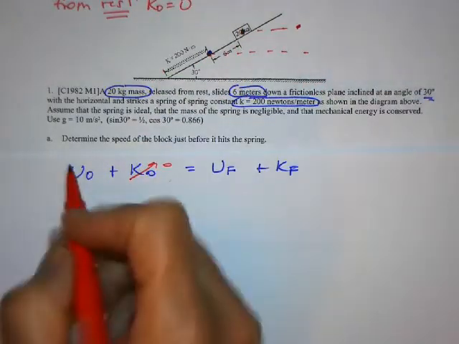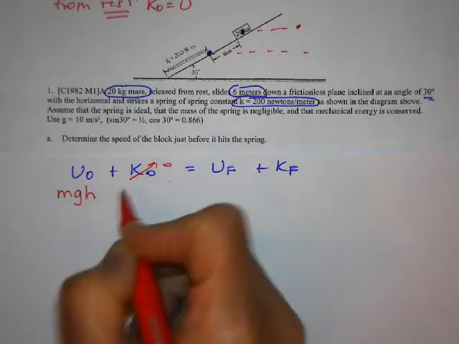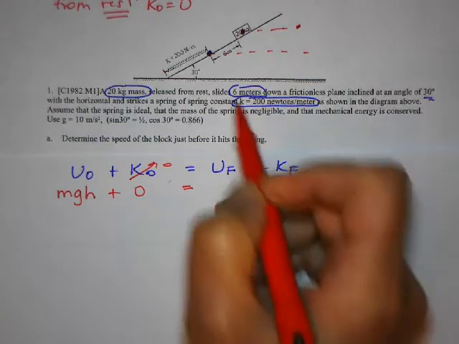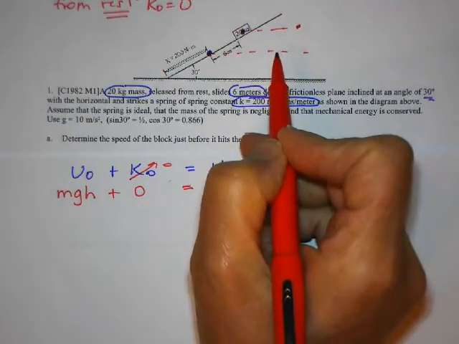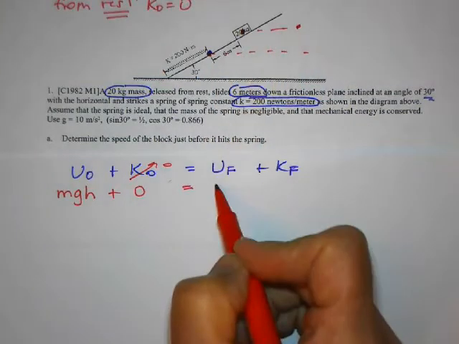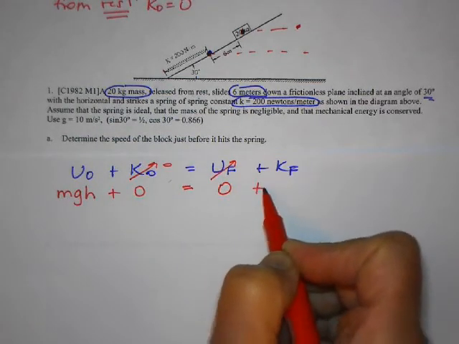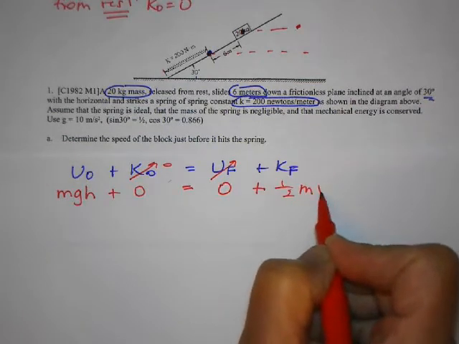The gravitational potential energy is mgh plus 0 is equal to, since that's my frame of reference, the gravitational potential energy is 0 there, plus 1/2 mv squared.